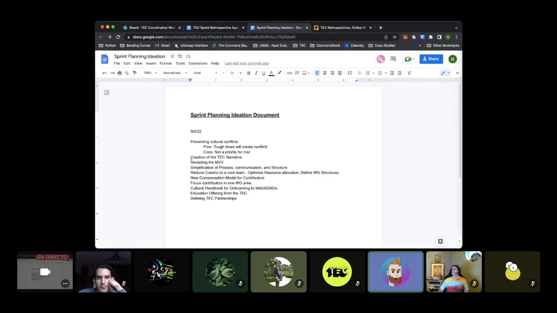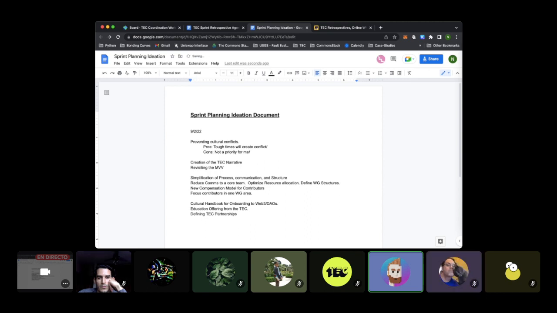So, preventing cultural conflicts. I feel that sticking to similar processes isn't a bad idea. I feel that working groups like Gravity and SoftGov already offer really cool elements for preventing these kinds of conflict.